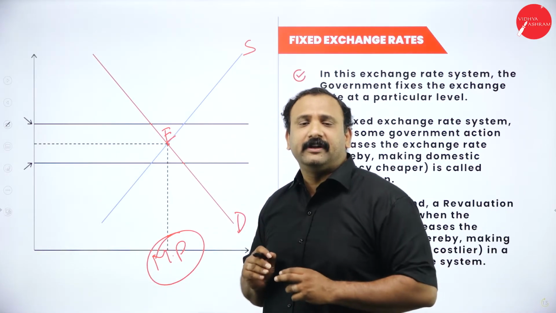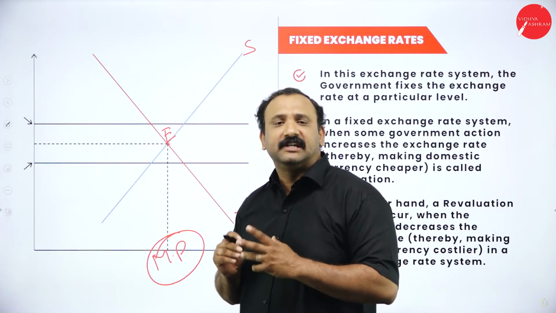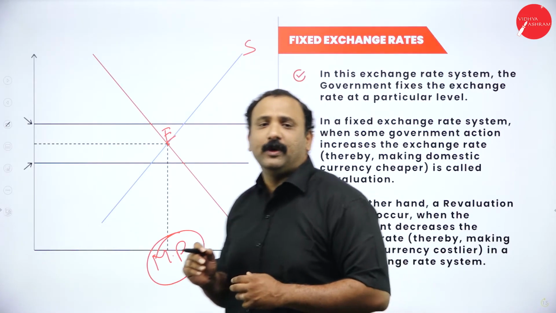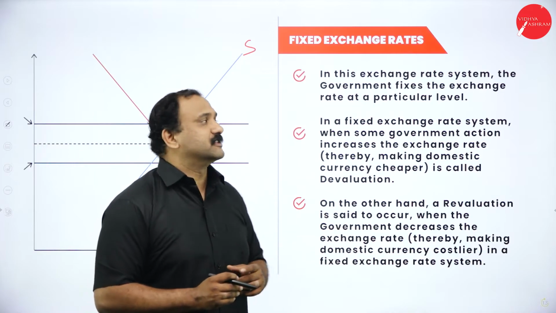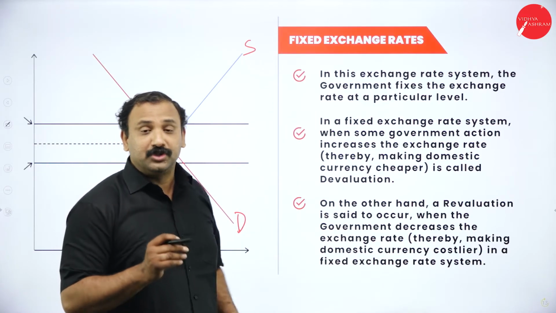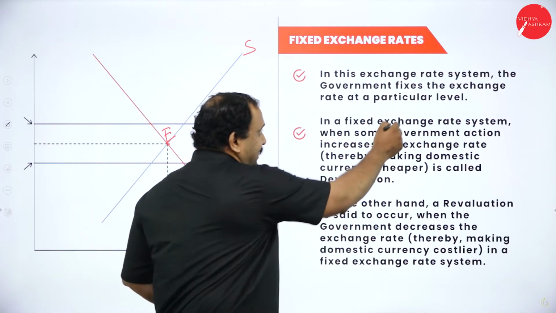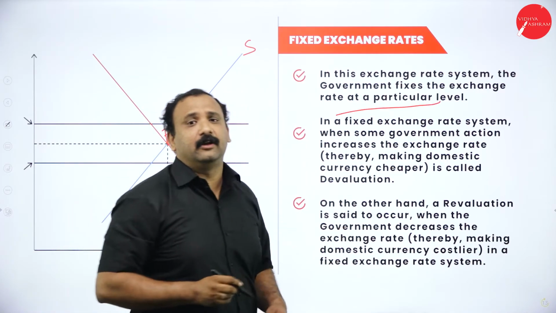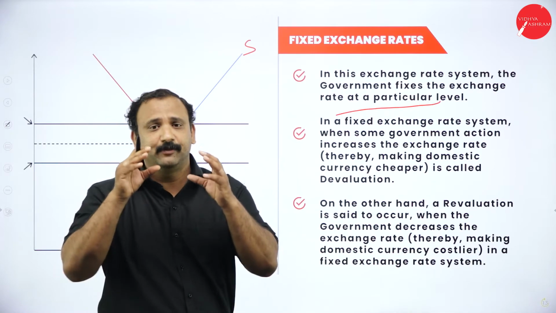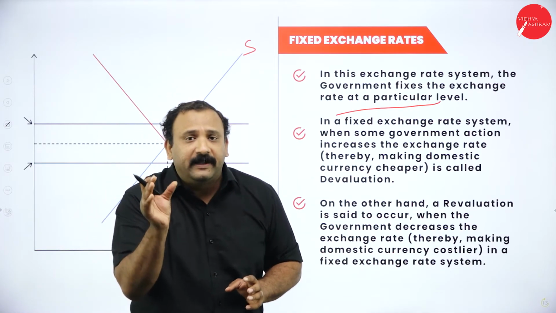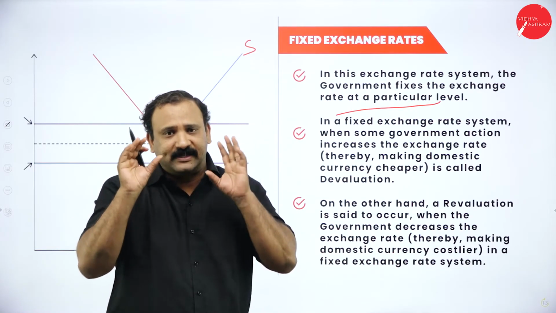So how do we really understand the fixed exchange rate system? When we talk about the fixed exchange rate system, it means the government will intervene and set the exchange rate at a particular level. They will not allow flexibility or floating. Now, the government is fixing the price.